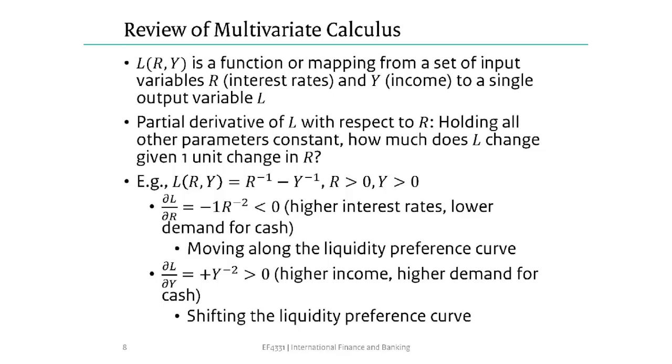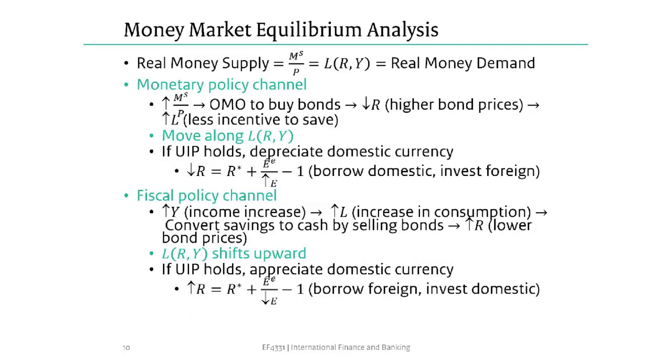Let me summarize the takeaways from today's lecture. What I've introduced to you is another set of equations. The money market equilibrium is called that because we're trying to understand what the aggregate money supply should be in the overall economy.